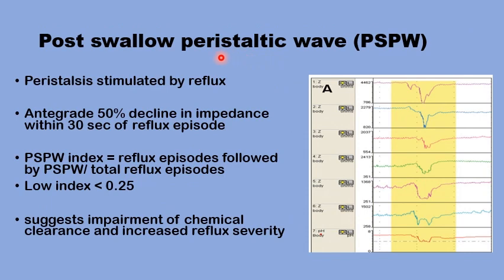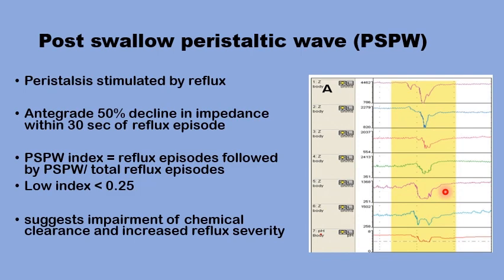The other index of interest is the post-swallow peristaltic wave index. This is based on a natural phenomenon that following a reflux episode, there would be a primary peristaltic wave designed to clear the pharynx or the esophagus from the offending liquid or gas to prevent further damage.